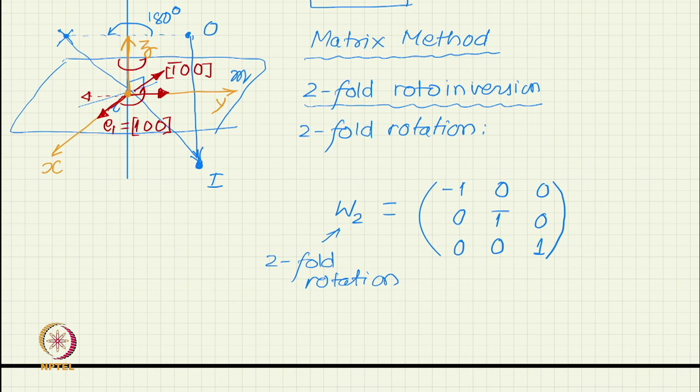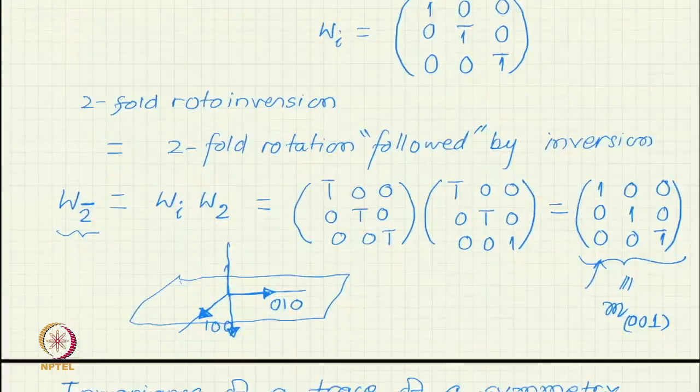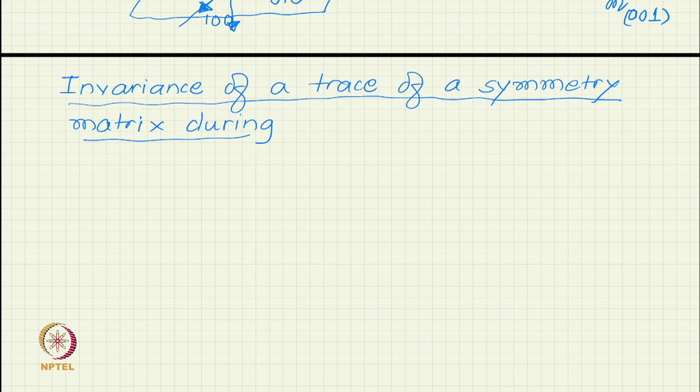So a suitable choice of axes is essential, but sometimes you need to change from one set of axes to another set of axes, because for one problem one set of axes may be simple, for another problem another set of axes may be simpler, but now you have to consider both the cases. So you have to translate from one axis to another axis.